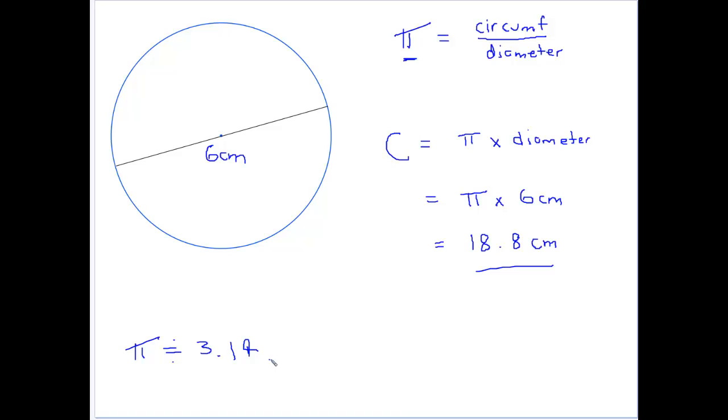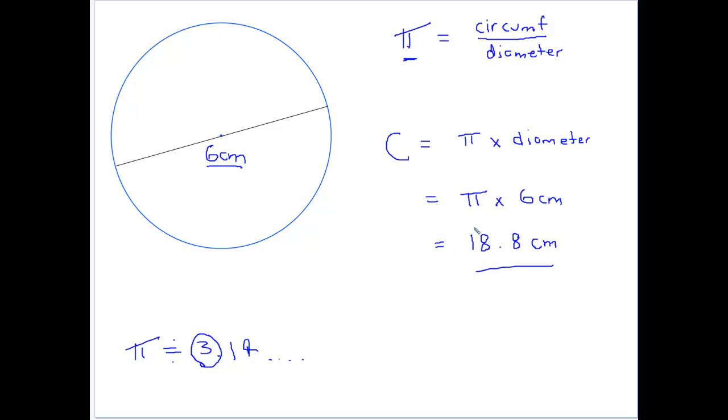But if we roughly take pi to be 3, then with a diameter of 6, the circumference of the circle is about 3 times 6, so about 18. Our estimation of 18 is close to our actual answer of 18.8. So a good way to estimate first, to make sure we get it right in our calculations with our calculator, is to just do whatever the diameter is times pi.